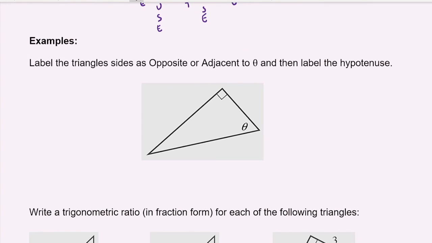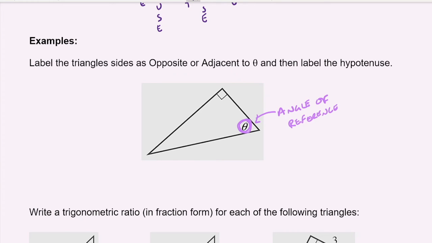Let's have a quick look at some examples. We have a couple of examples here. All we need to do is label the three sides on this triangle. So here is our theta. That is our angle of reference, so we need to label everything according to that angle.